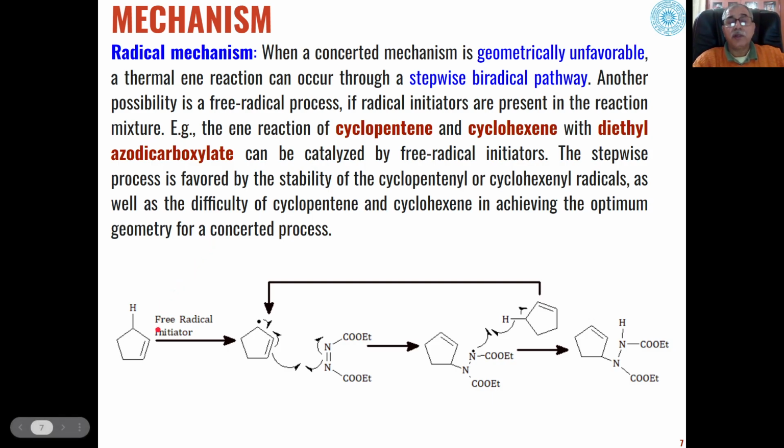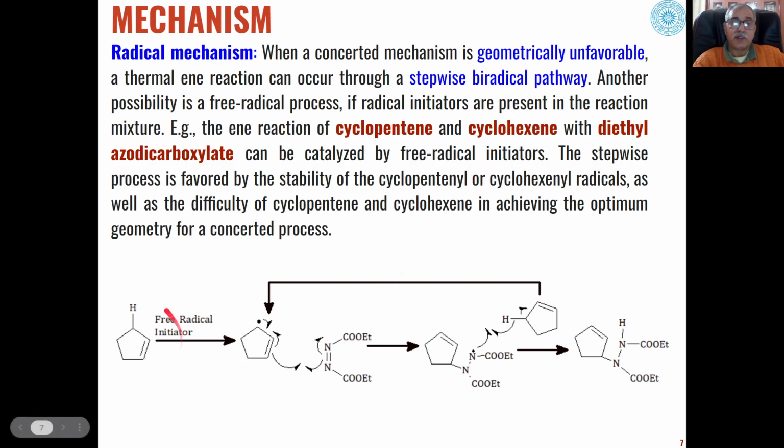So in these types of ene reactions, we need to use some free radical initiator. And these types of ene reactions, if they are taking place thermally, then they will occur through a stepwise biradical pathway.